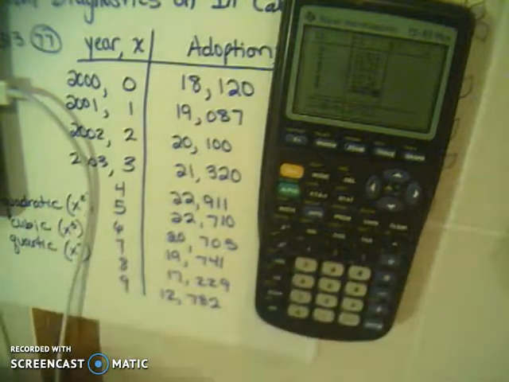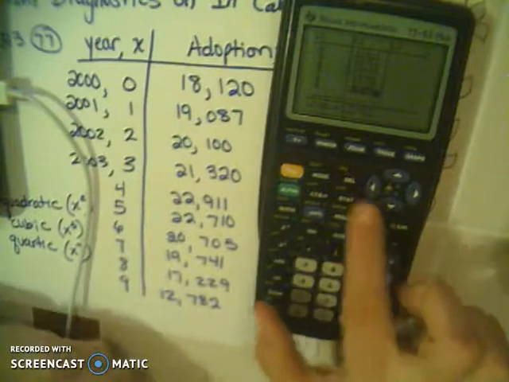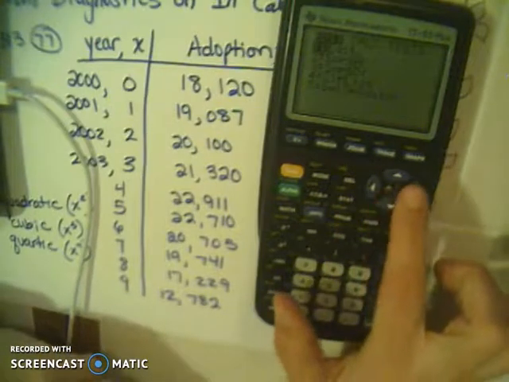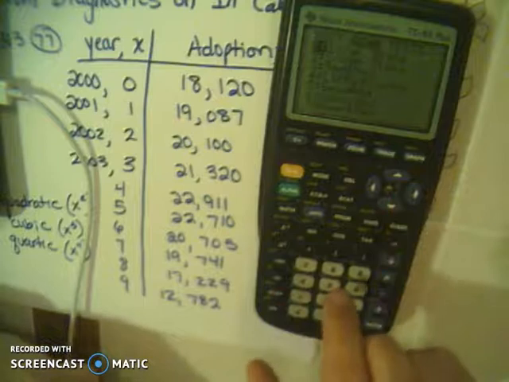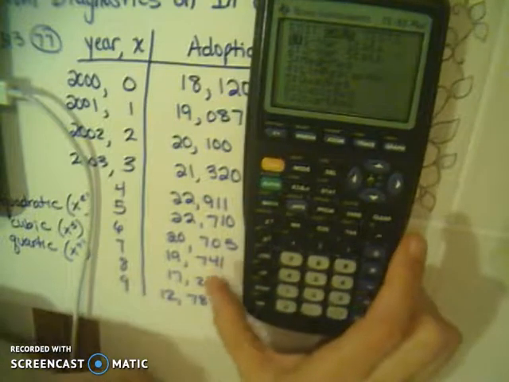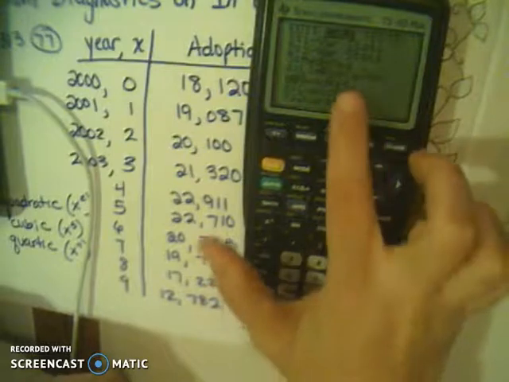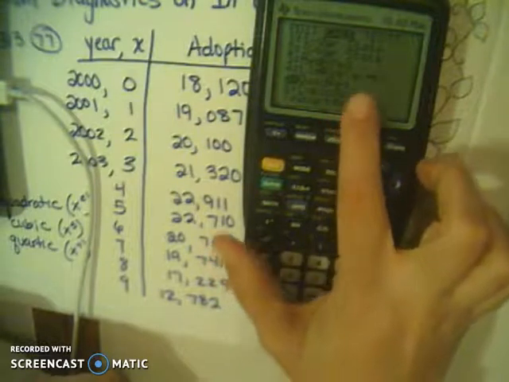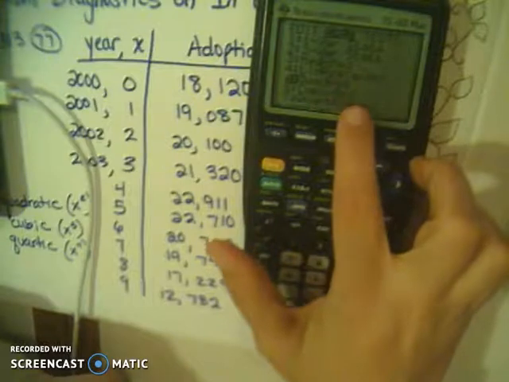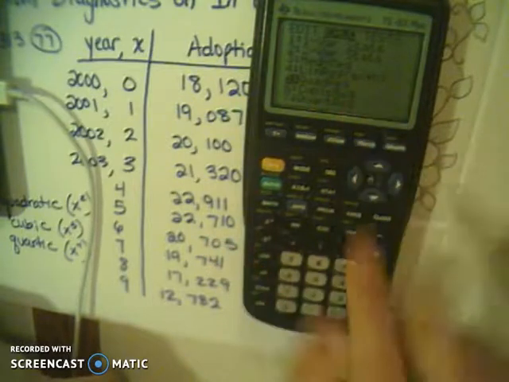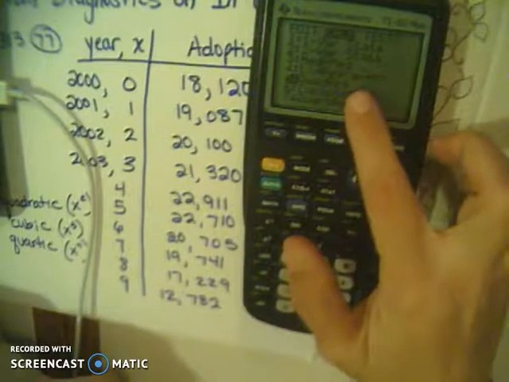So good. So now that all the data's in there, I'm going to go back to Stat, and now I'm going to do some calculations with that data. So I arrowed over to my calc list. And option number 5, 6, and 7 are what we're going to be using. Number 5 says quad reg.